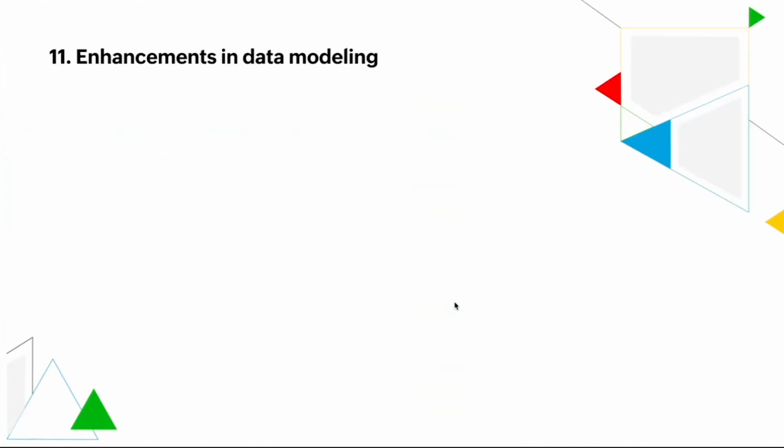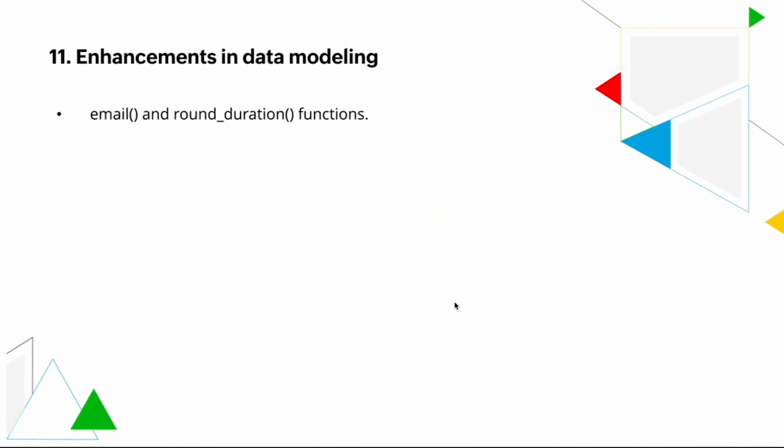All right, folks, let's quickly see the enhancements in the data modeling layer. We have the email function that helps you convert text columns in email format to the email data type. Similarly, we have the round off duration function. This helps you round off the duration values to a given duration scale.